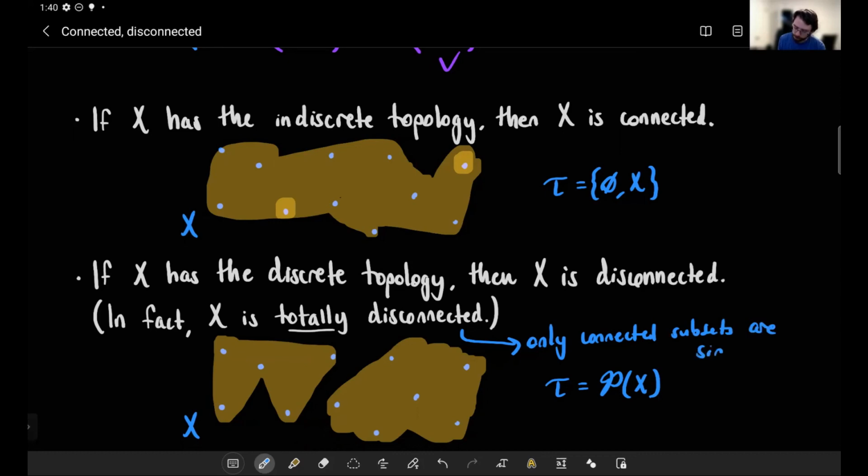Singletons are sort of trivially connected because there's only one point, so there's really nothing to check. But if you're totally disconnected, the only connected subsets are singletons, because any point can be hidden from any other point.